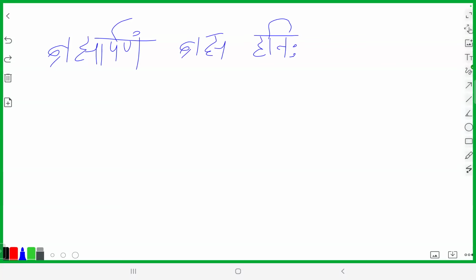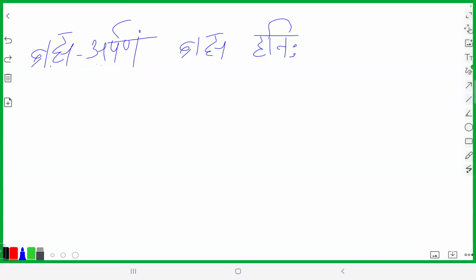So, Brahmarpanam, Brahma Arpanam. Splitting the sandhis. Brahma Arpanam, Savarna Dirgha Sandhi, no?